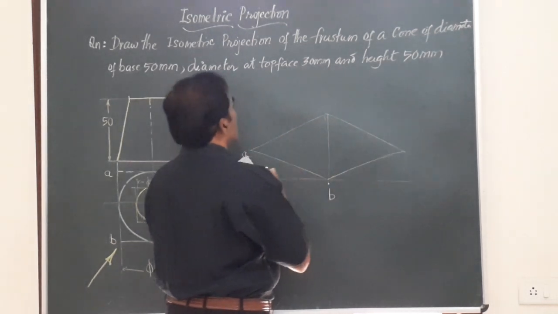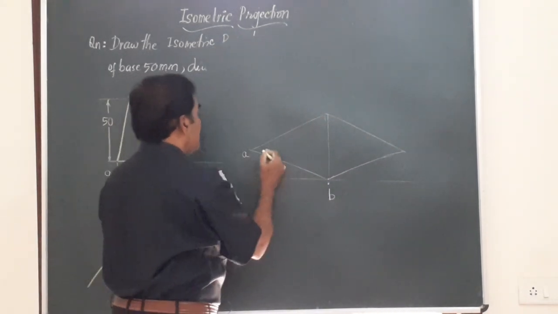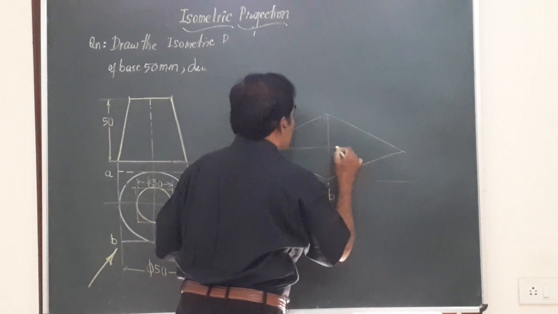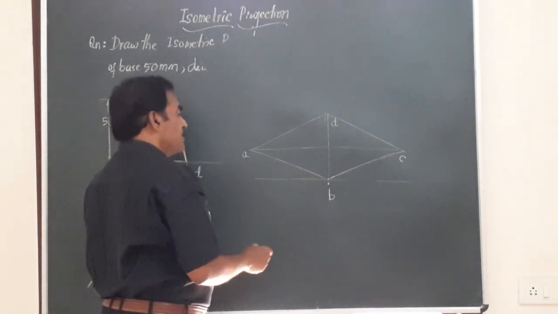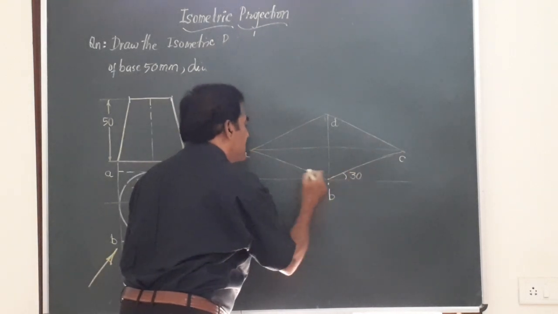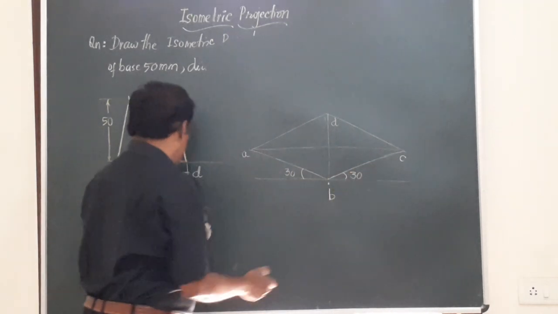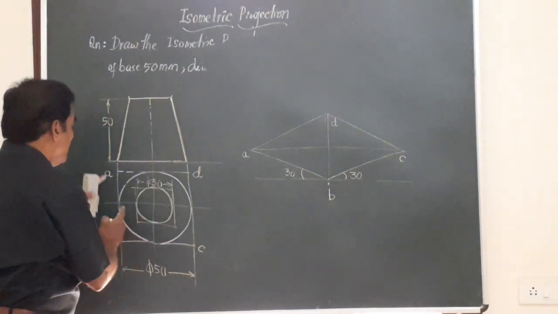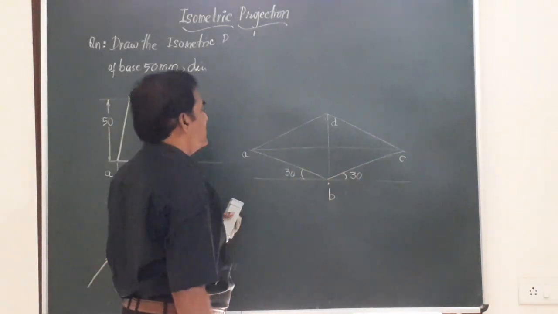Wherein this point is going to be C and this is going to be D. Here remember BC is drawn at an angle of 30 degrees to the horizontal. BA is also drawn at an angle. BC is 50 ISO, BA 50 ISO. All these are of the same dimension.